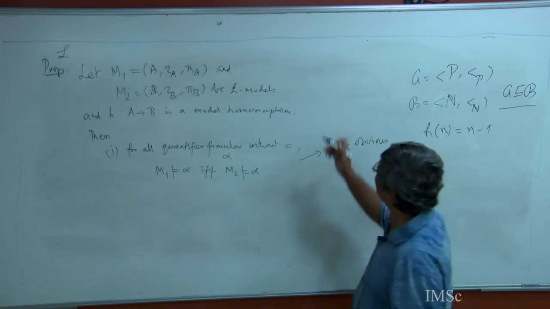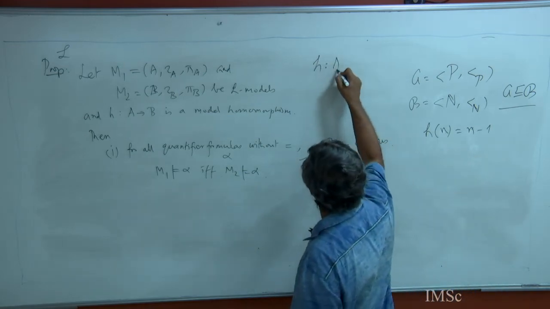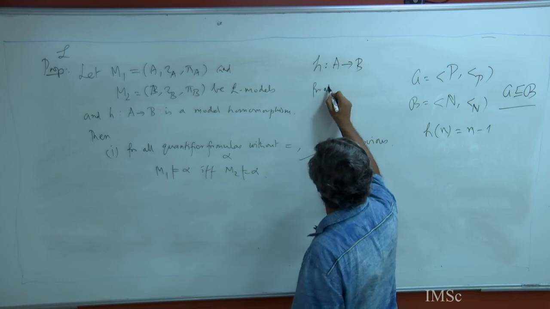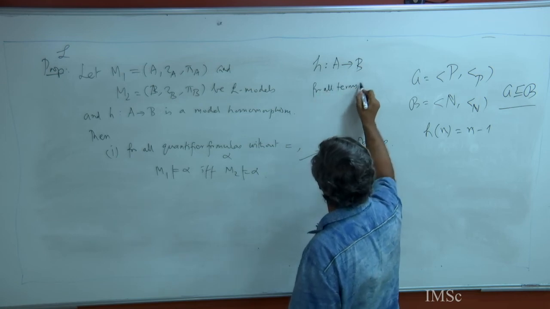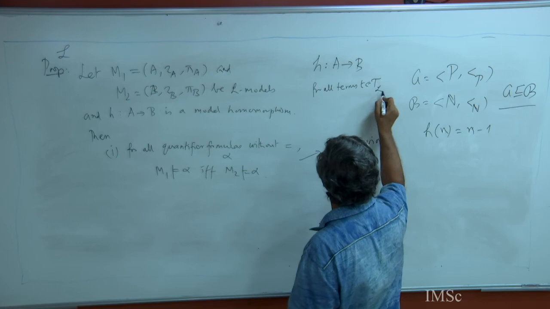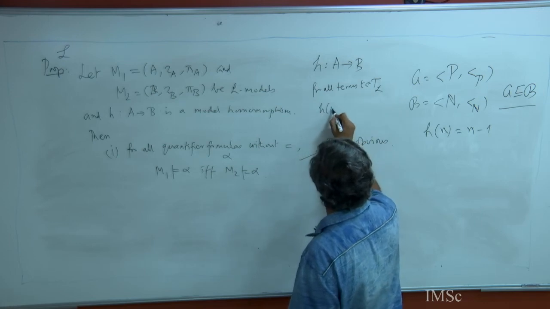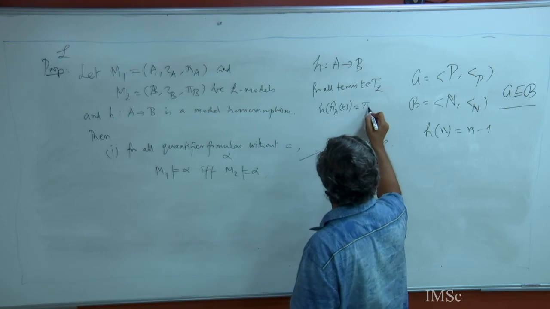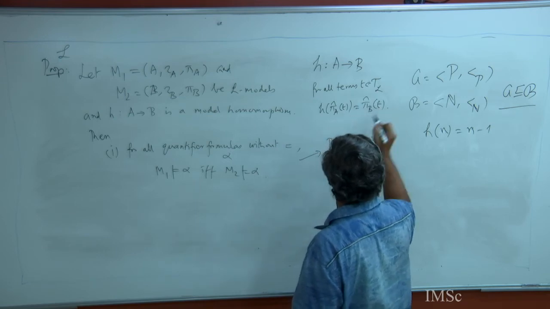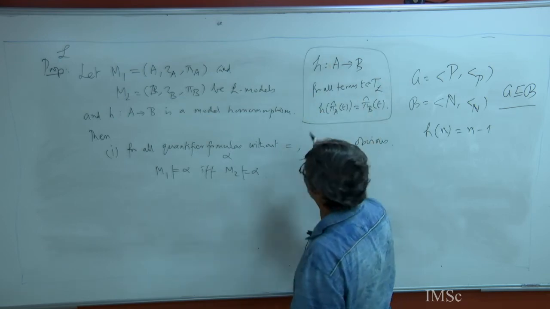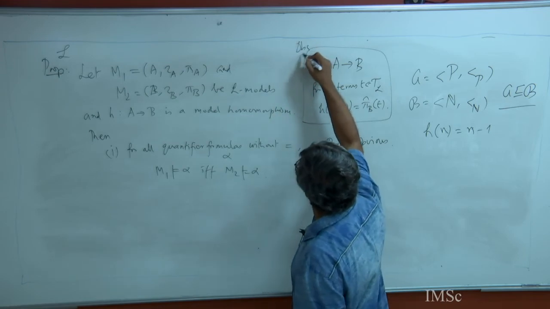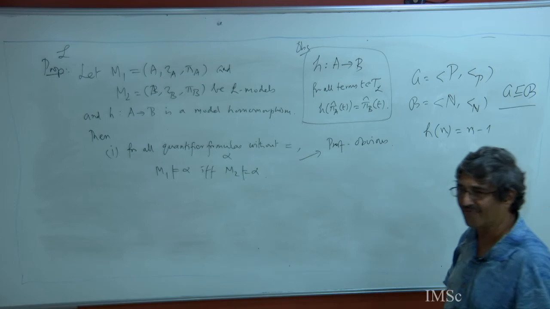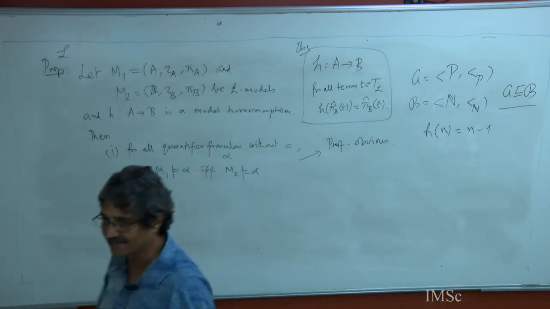So first thing is that if h is a homomorphism, you know that for all terms t, h of π-hat_A of t is π-hat_B of t. And this is something that we can prove. So this is an observation. I think this is what one of you mentioned earlier, right?